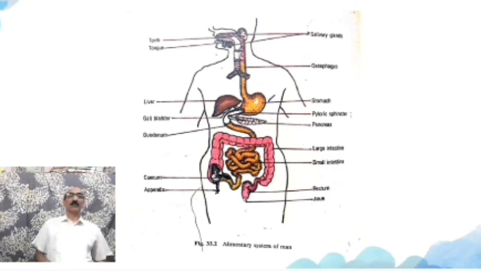It starts with the buccal cavity, then the mouth, then the oesophagus or food pipe. Then there is the stomach. The stomach leads to the small intestine, that is duodenum, then jejunum, then ileum, the last part, and then it is connected with the large intestine: ascending colon, transverse colon and descending colon, which ends with the rectum and anus.